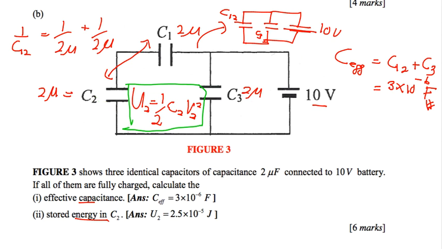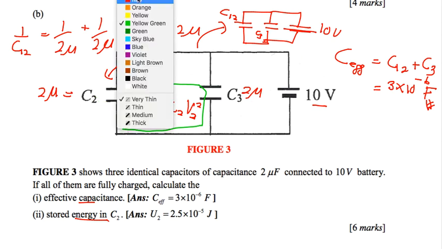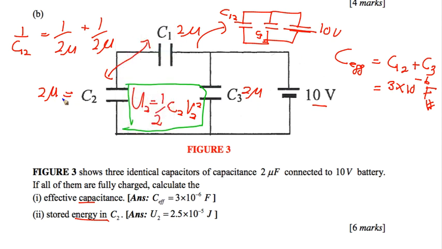Now the magnitude of the capacitor C2 is given as 2 microfarad, but the problem here is what is the value of the voltage here.